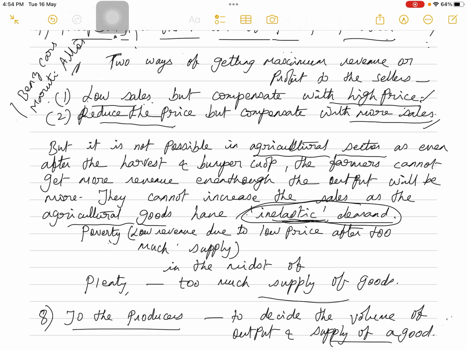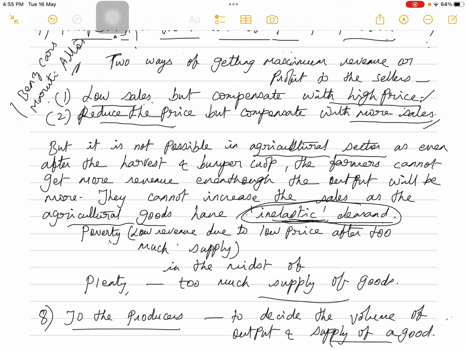Because when the produce is more after the harvest, the price is decreasing but the sales are not increasing, because agricultural commodities have inelastic demand. Even though the prices are decreasing, the demand will not increase.